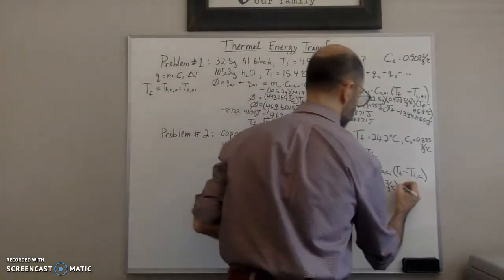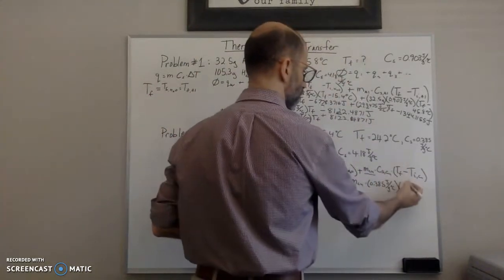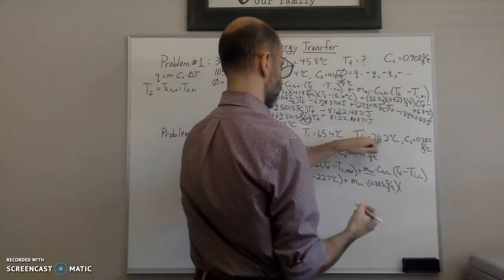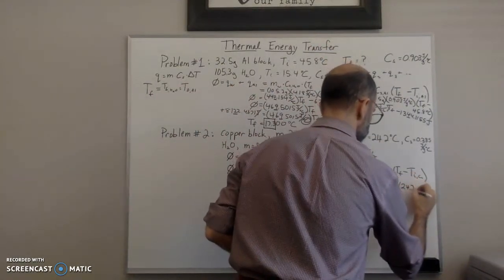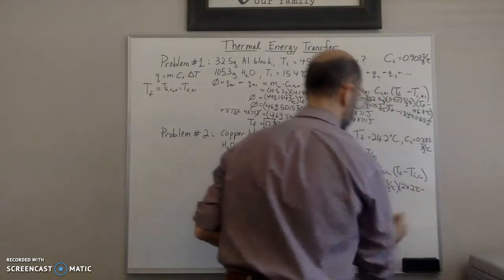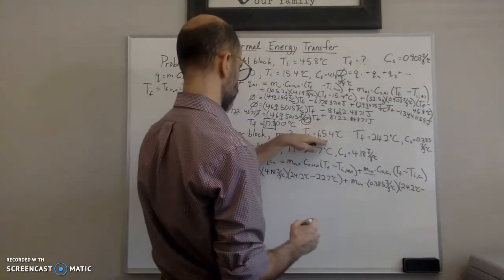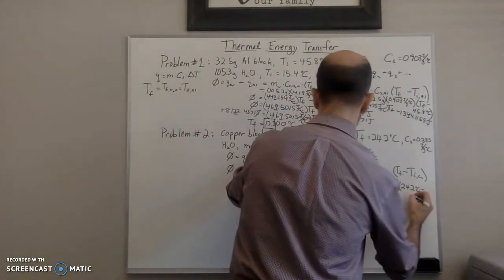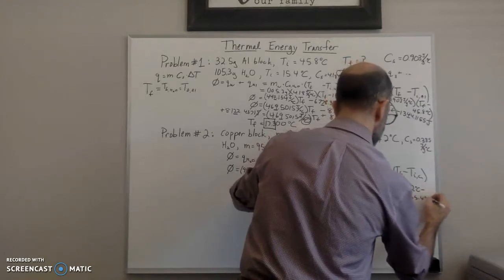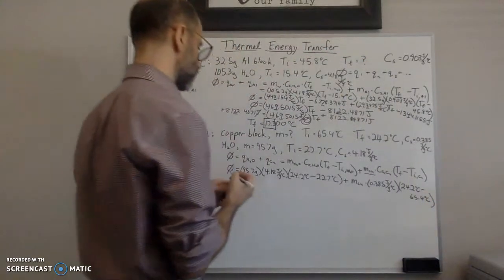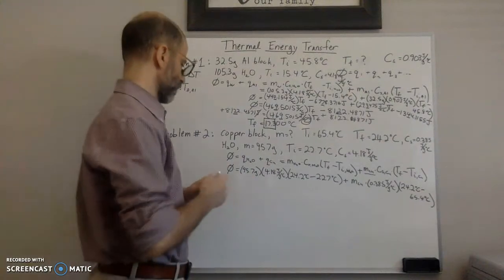And then, again, multiplied by the final minus initial temperature. So again, the final temperature is the same for both, 24.2 degrees Celsius minus, and then the initial temperature of the copper is going to be 65.4 degrees Celsius. So now I have everything plugged in.